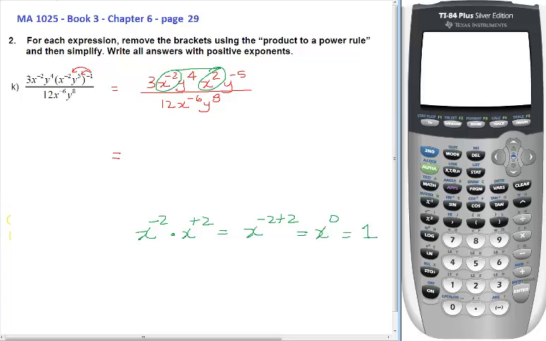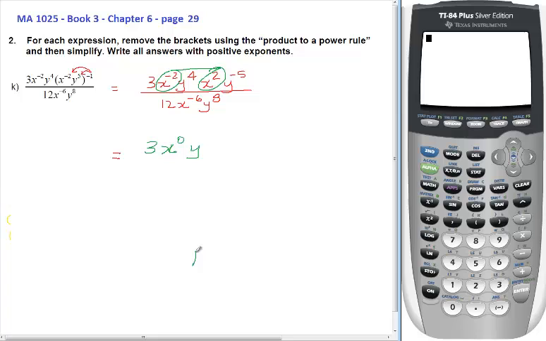Now I won't make them disappear in this step. I'll write it like this first. I'm just going to say, well, 3 stays the same, and I'll say x to the 0. I'll leave that there. Now, do you see what the exponent is for the 2 y's when you combine y to the 4 and y to the negative 5?